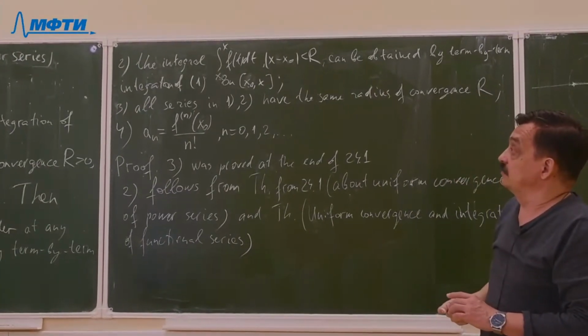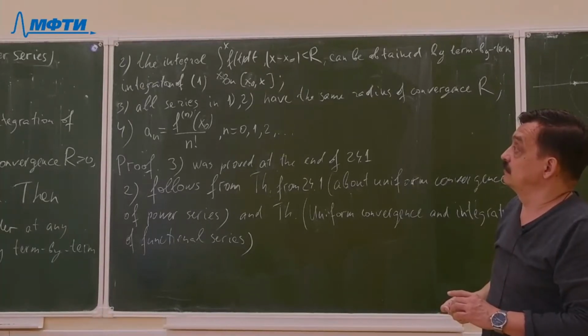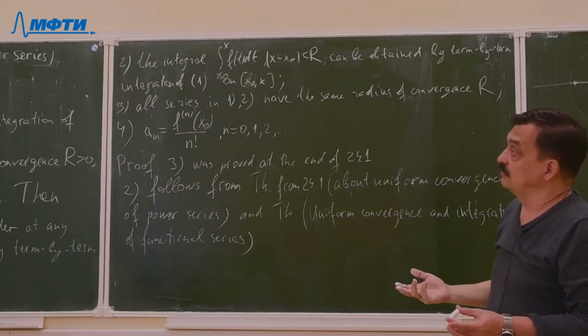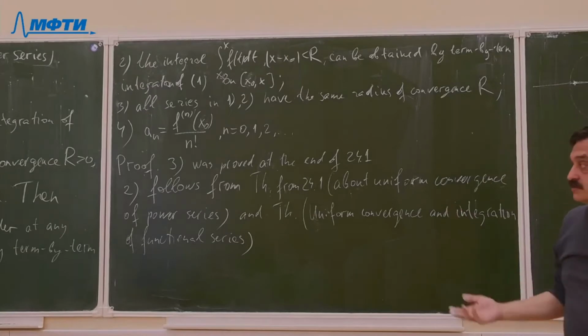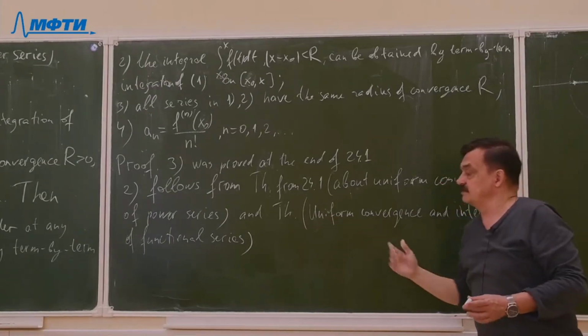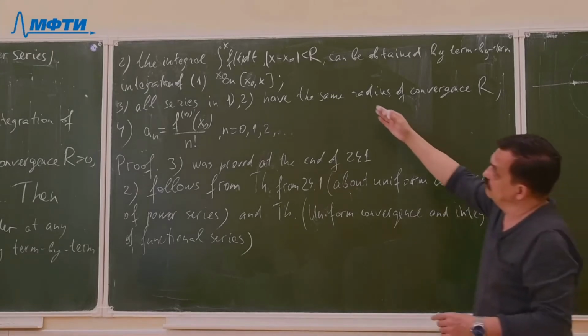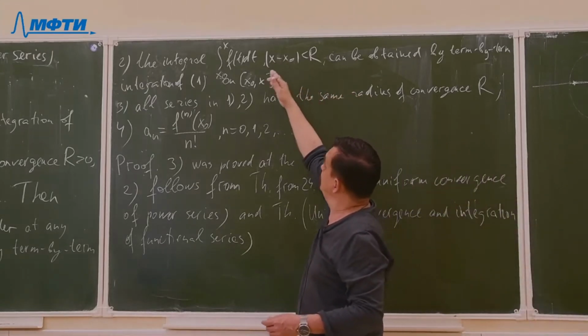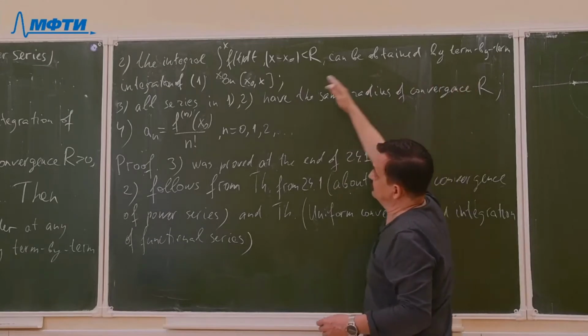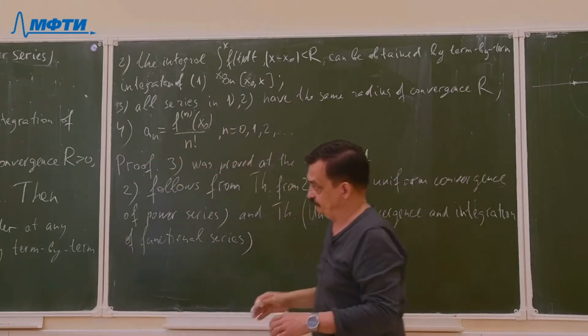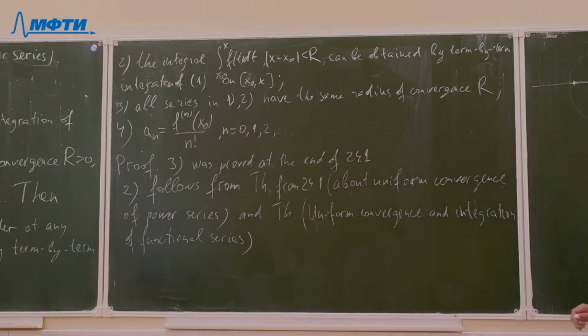And hence all conditions of that theorem are satisfied and we can integrate term by term. So indeed the integral can be obtained by term integration of 1. Second assertion is right.